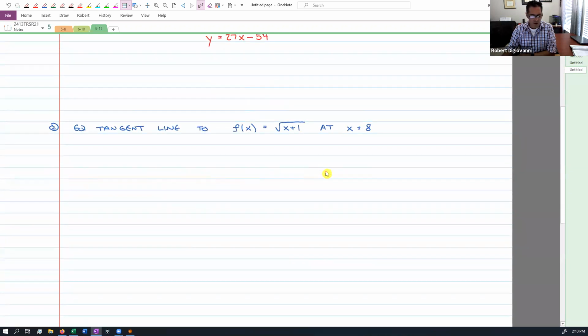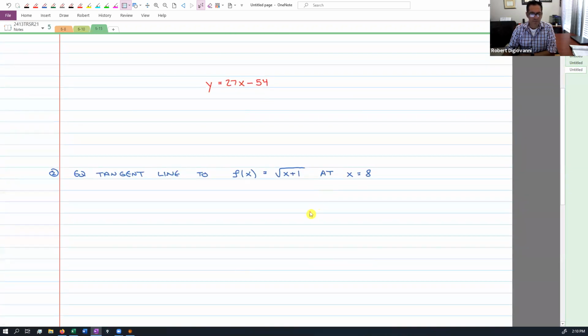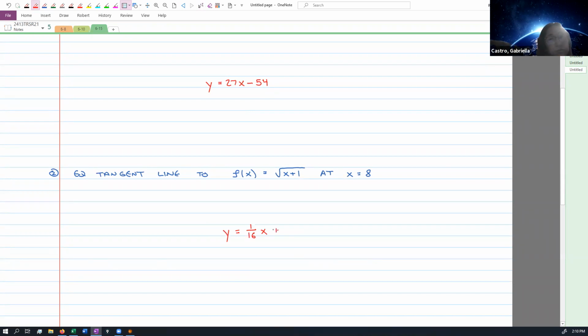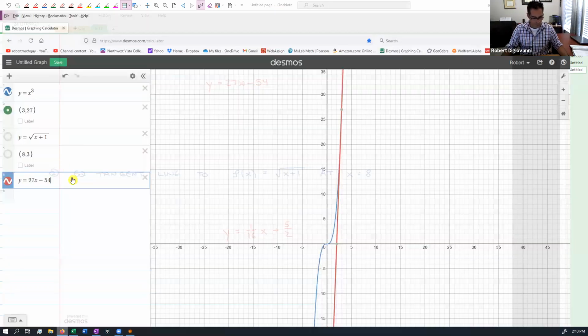How about the second one? Any groups get that one? I got y equals 1 over 16 x plus 5 over 2. Plus 5 over 2. Okay, we'll see.